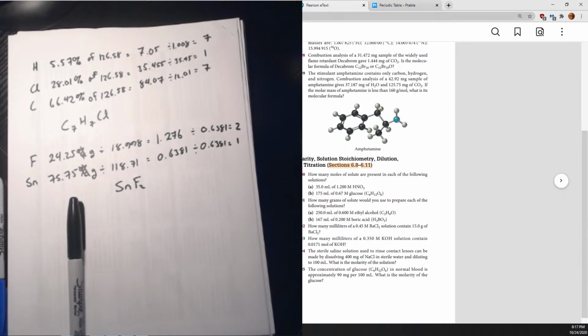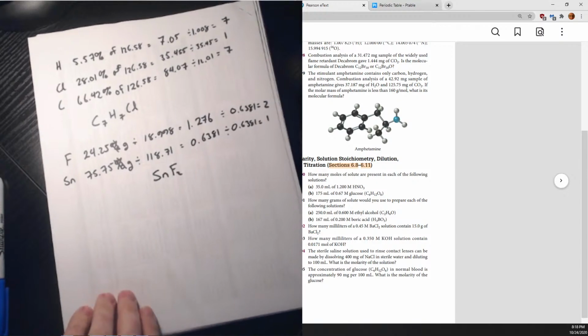Combustion analysis of 45.62 milligrams of toluene, a commonly used solvent, gives 35.67 milligrams of H2O and 152.5 milligrams of CO2. What is the empirical formula of toluene?